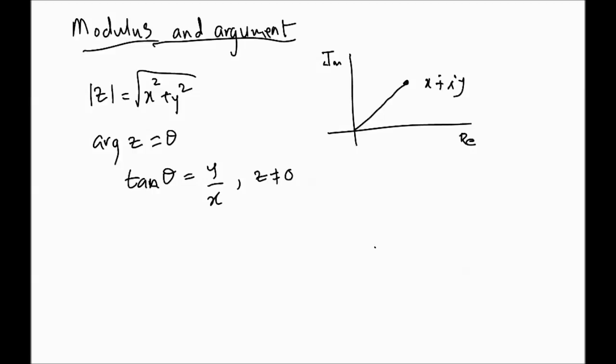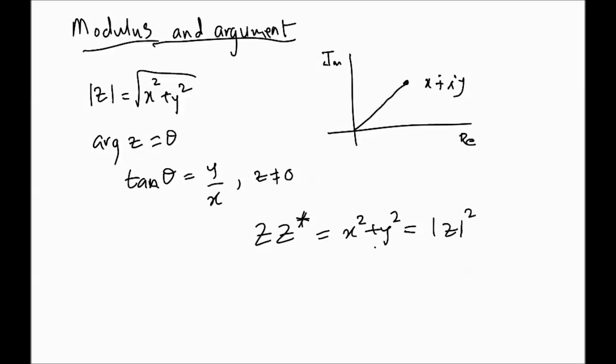Knowing that the modulus of z is the square root of x squared plus y squared, we end up with another interesting relationship: the product of a complex number with its conjugate is, if you remember, x squared plus y squared, which is the modulus of z squared.